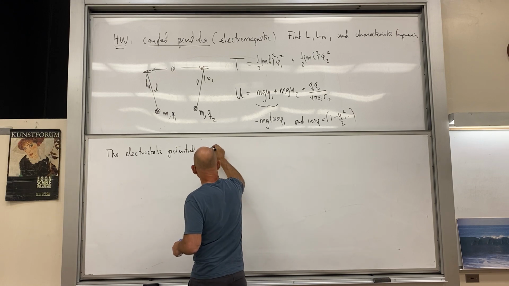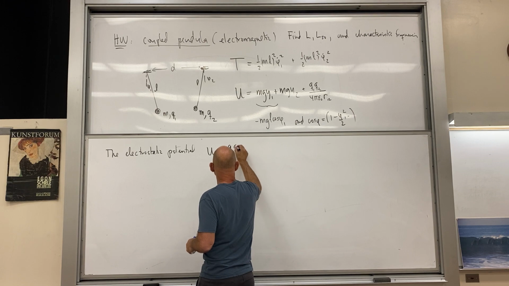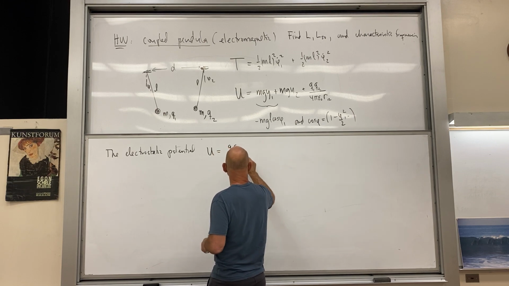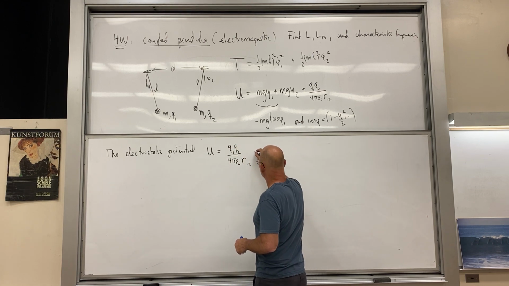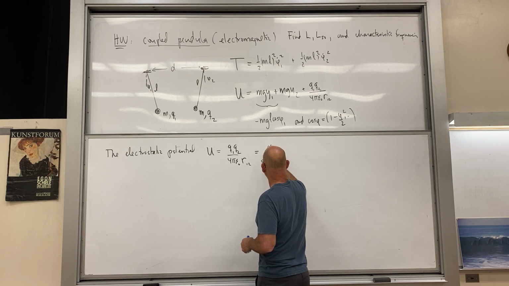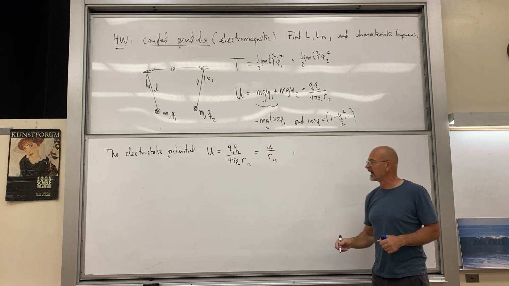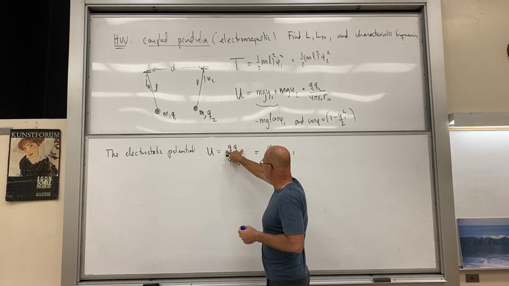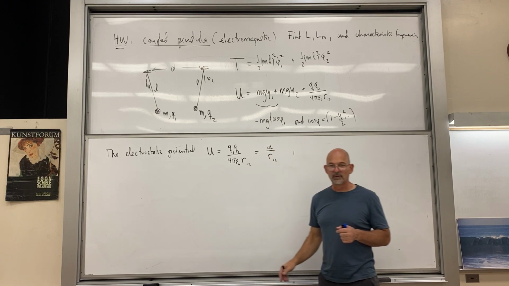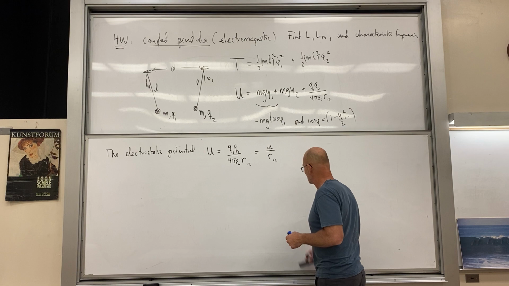So first thing we can do with this Q1 Q2 over 4 pi epsilon naught R12, we can just say it's alpha over R12. Alpha can be positive or negative. We know that if we have unlike signs here, we have attraction. If we have like signs, we have repulsion.